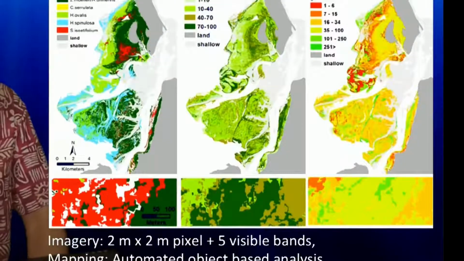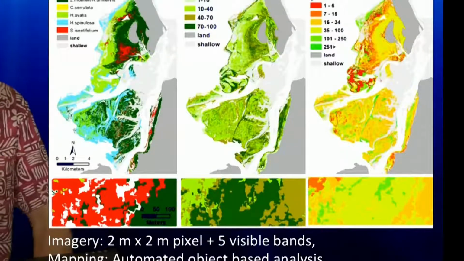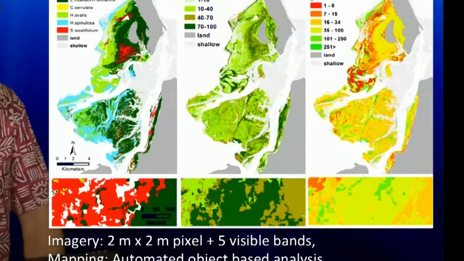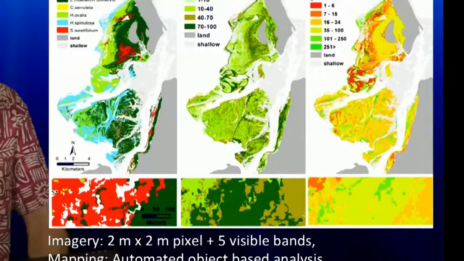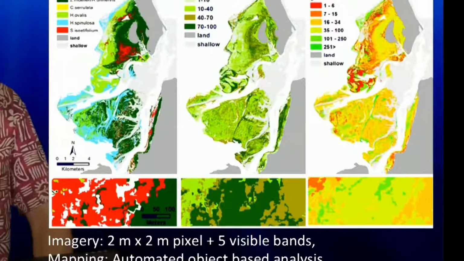However, there are new methods available that can give us data at higher resolutions. As you can see, higher resolution imagery can detect the seagrass species, the seagrass cover, and also the seagrass biomass as well.